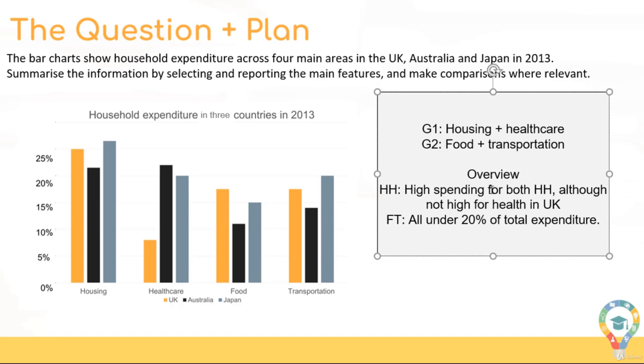So all countries spend less than 20% of their total expenditure on both food and transportation. Now, you may think that I've gone into giving a figure or a fact for this, for the food and transportation, but it's an overall statement, and that's what the overview is. It gives us an overall idea of what is happening in the data. And then in the detail paragraphs, we can go into more specific figures. Okay, so that is my plan finished.